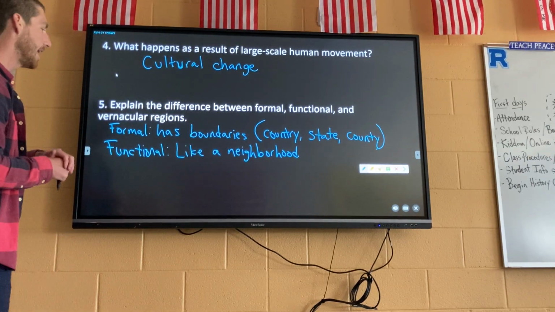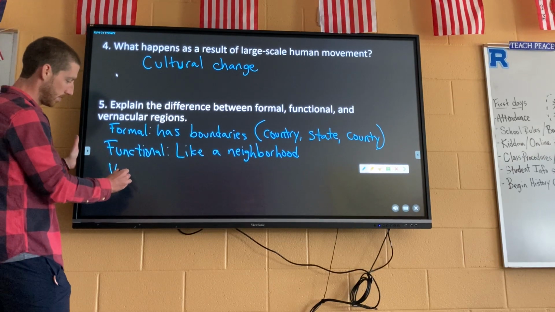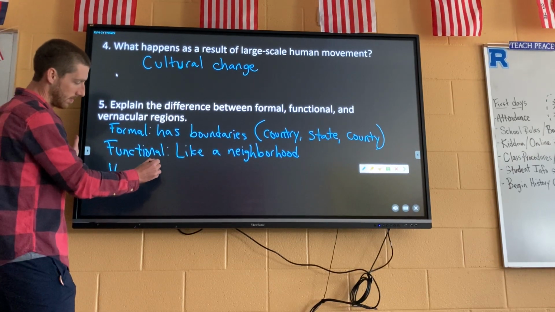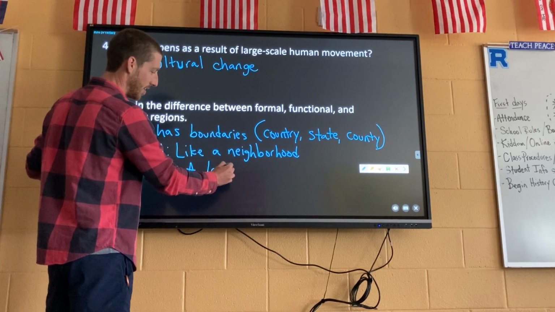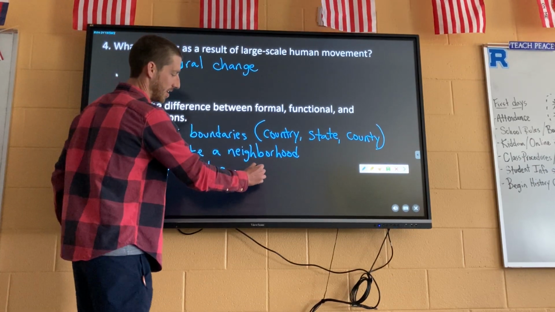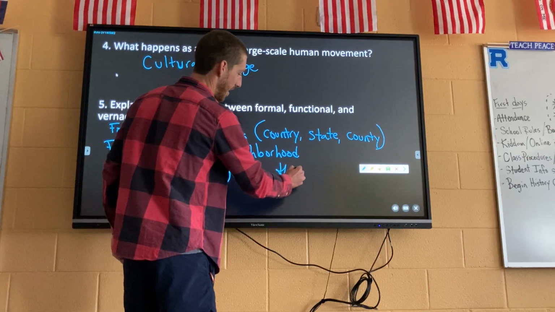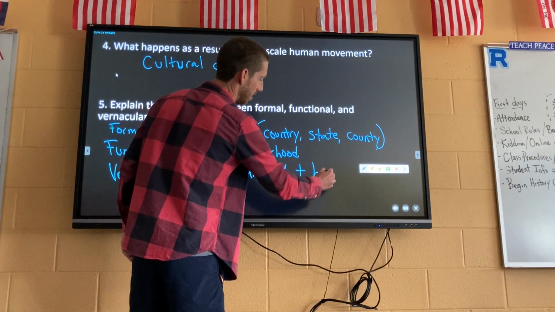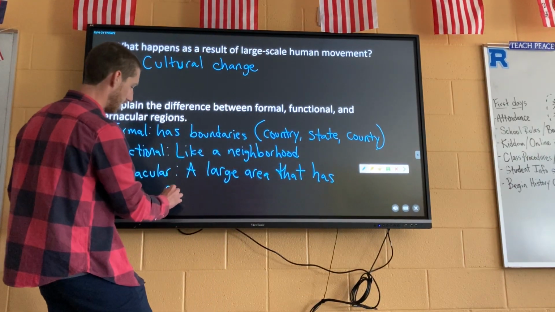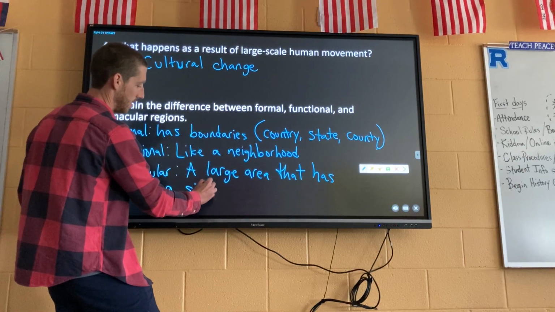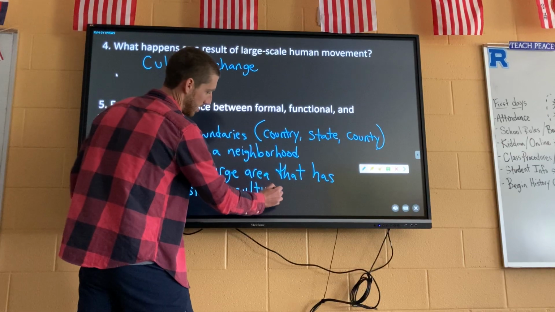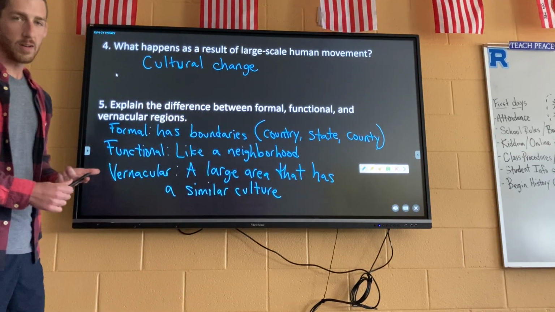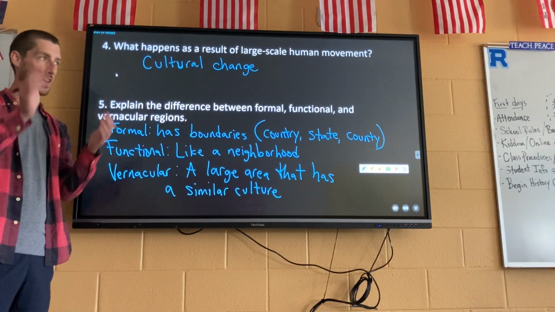Okay, and vernacular. So this is a large area that has a similar culture. A similar culture. So things like the South, you know, we have a similar climate all over the South.